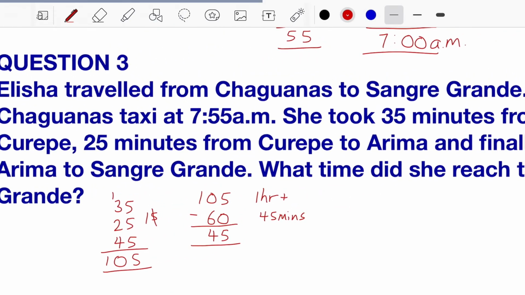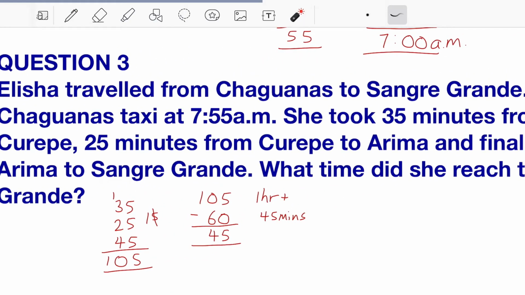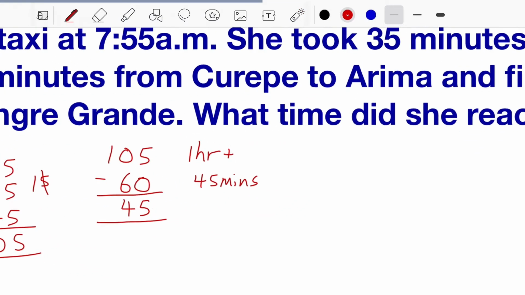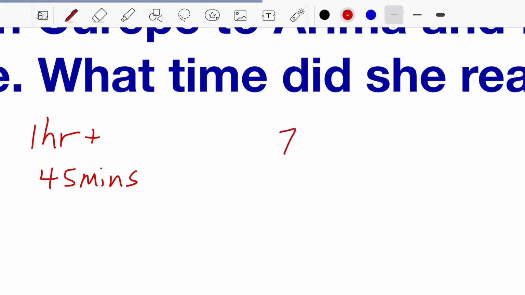Remember, the end time will be the start time plus the duration. So that's 7:55 plus 1 hour and 45 minutes.